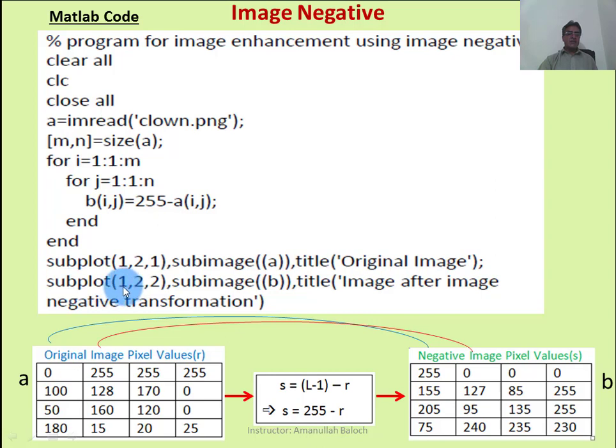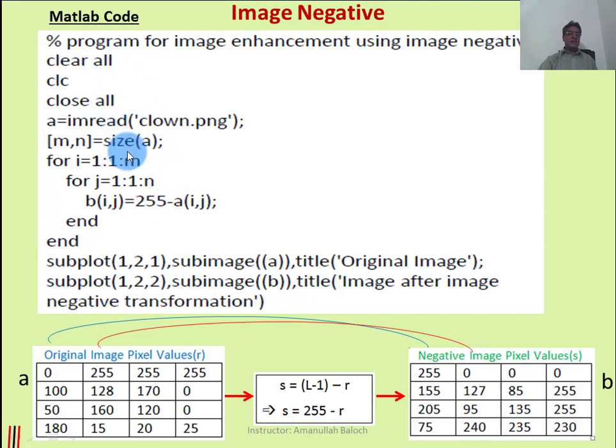At the second location of this grid we will display the B image. B is the negative image and the title of this image is after image negative transformation. That is, after applying the negative transformation, I have displayed the B image in the second grid location of the subplot.